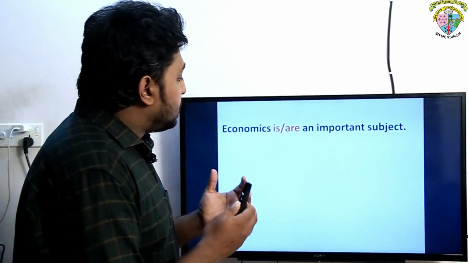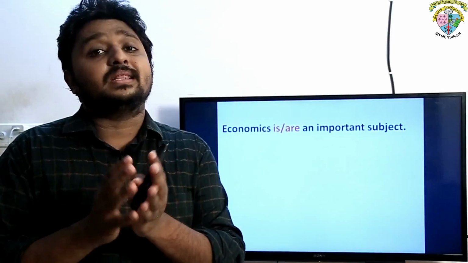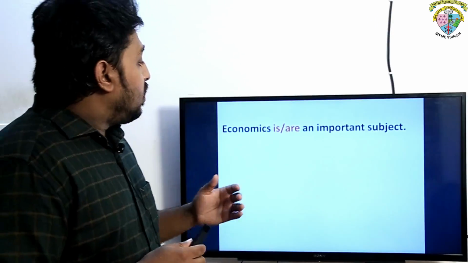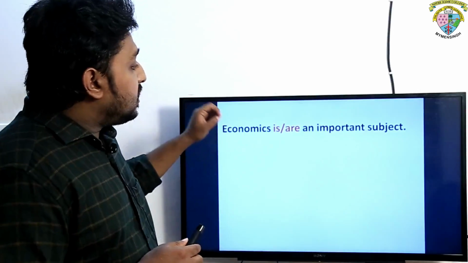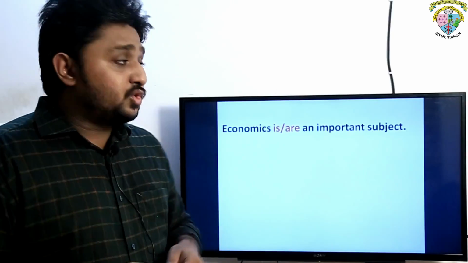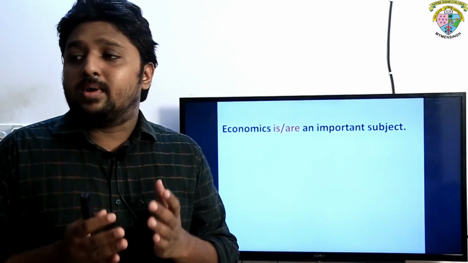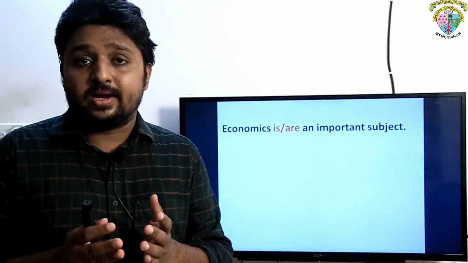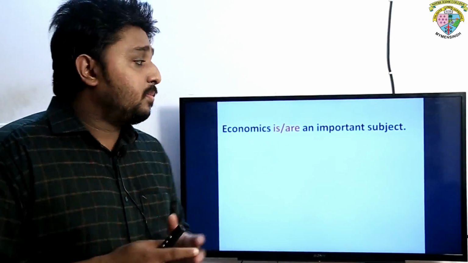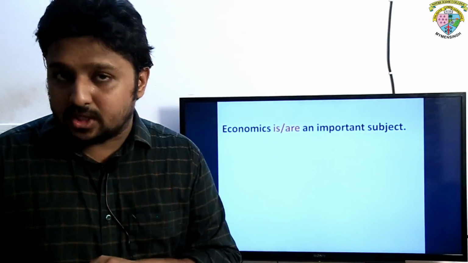There are some other subjects that look like plural subjects, but they are not. Whenever we see this sort of subject, it should take a singular verb. So economics may look like a plural subject, but it's singular actually, and that's why it should receive a singular verb.